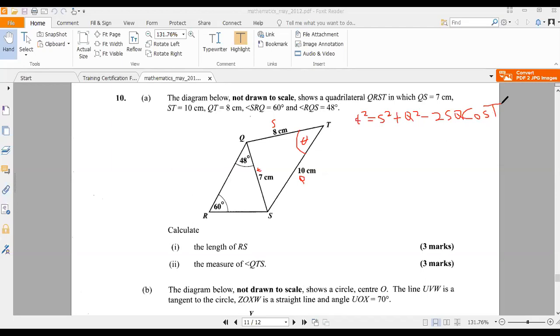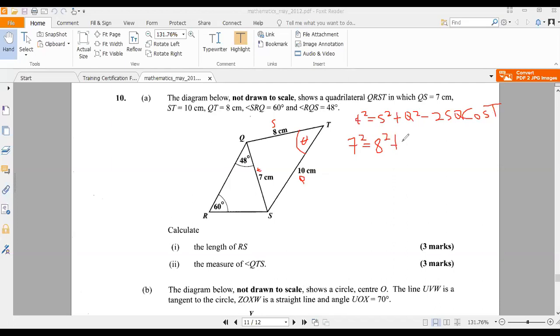In this case, I have QTS, so I tweak the ABC into T, Q and S. Wherever you have T, we put 7 square. Wherever we have S, we put 8 square. Wherever I have Q, we put what?